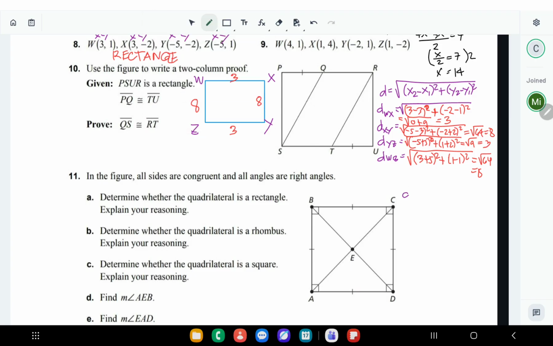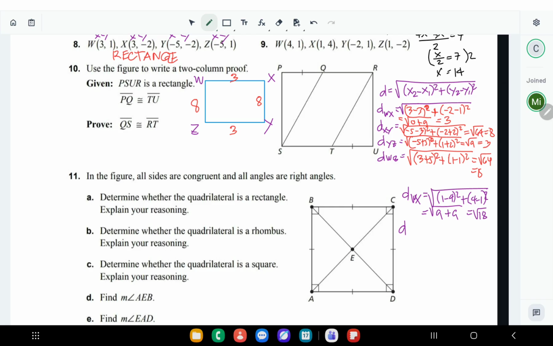Distance from W to X: square root of 1 minus 4 squared plus 4 minus 1 squared. So this is negative 3 squared, 9, plus 9, so the square root of 18.